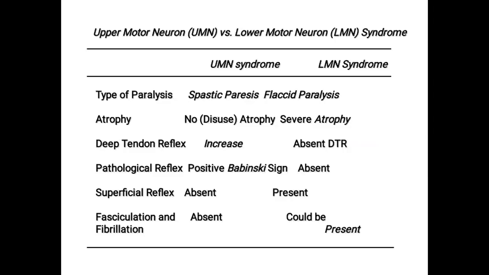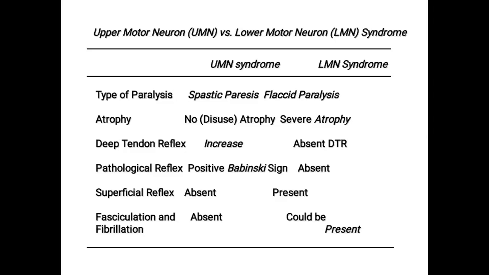An upper motor neuron lesion is a lesion of the upper motor neurons, that is the neurons in the brain and spinal cord that can influence the activity of lower motor neurons. So basically it's a lesion of the pyramidal tracts. Lower motor neuron lesion is a lesion of the lower motor neurons, that is the spinal and cranial motor neurons supplying the skeletal muscles. What type of paralysis generally?